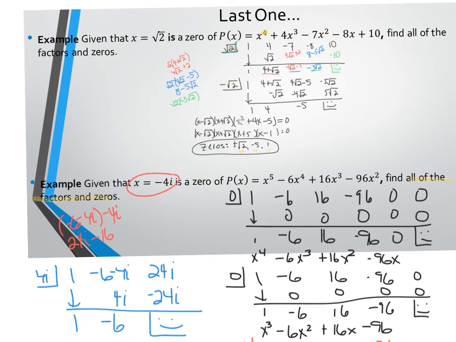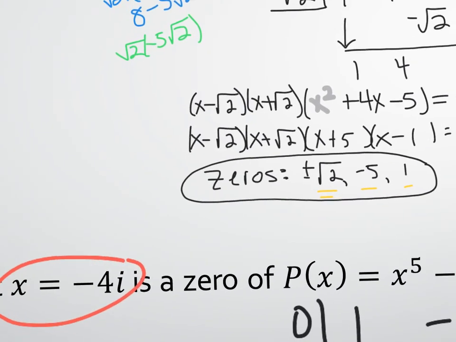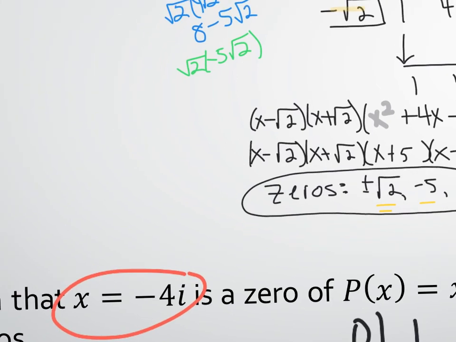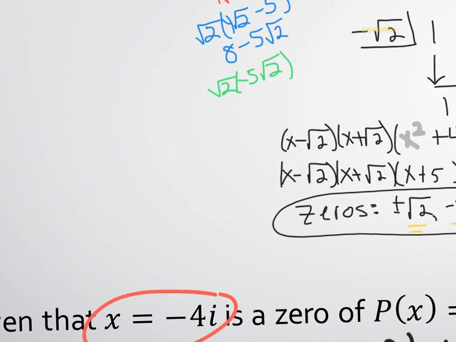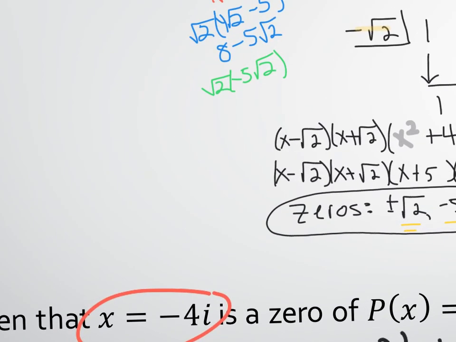Okay, so for our factored form, let me zoom in a little for this guy. We have to multiply these guys out over here. Okay. So let's see, x minus square root 2 times x plus square root 2. Ugh, handwriting is horrible.